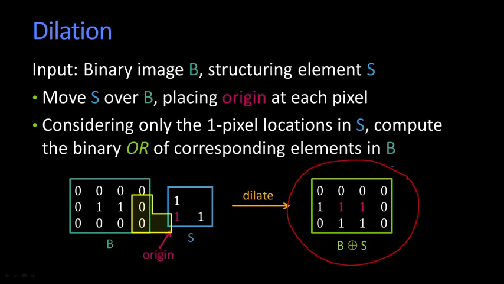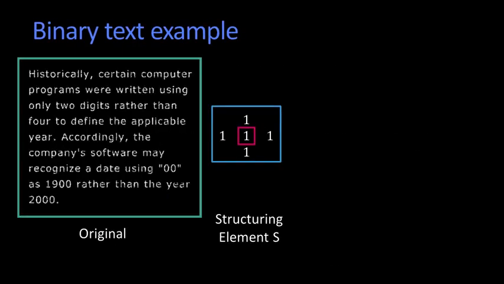Now, I will tell you, sometimes you'll dilate by a funny shape like that. Usually your shape will be symmetric. Sometimes it'll be taller than it is wide because you're trying to extend things in one direction as opposed to another. But this cutout kind of thing would be a little bit unusual. In fact, here's a nice example. So here's a binary text, and you can see that there's white pixels, but if you take a look at that M, you can see there's a bunch of little spots in there that seem to have some holes in it.